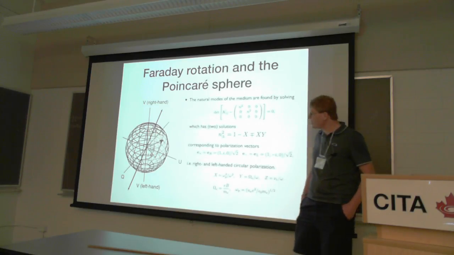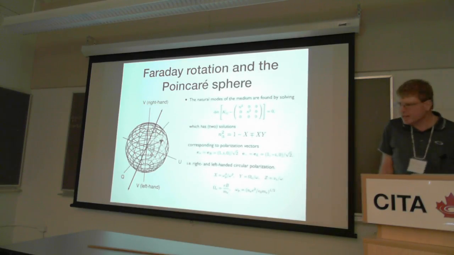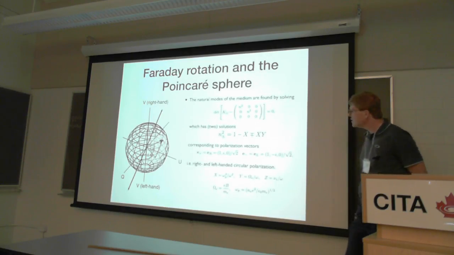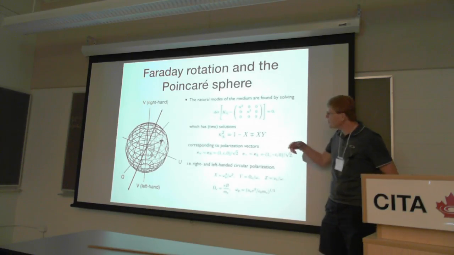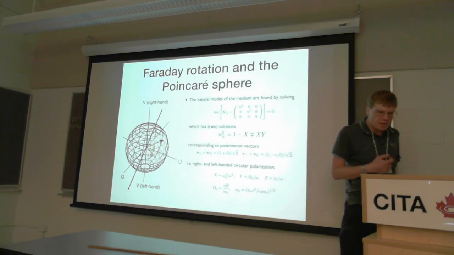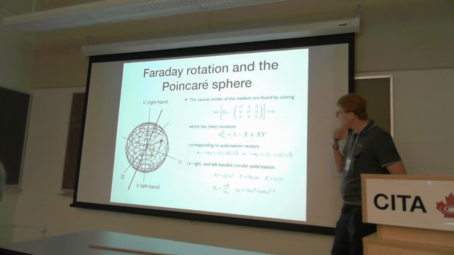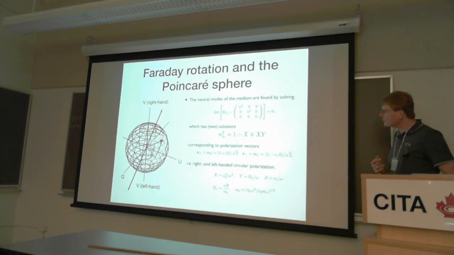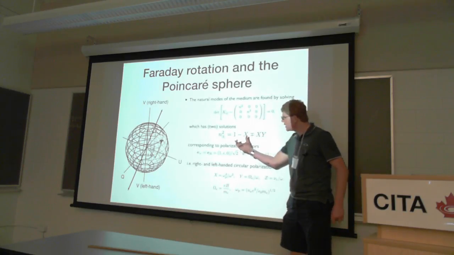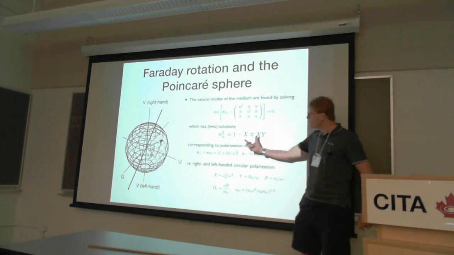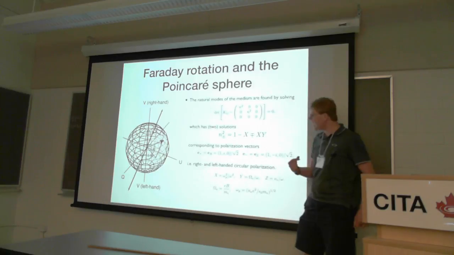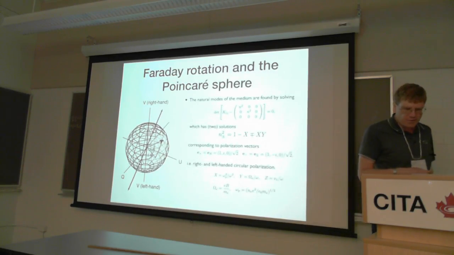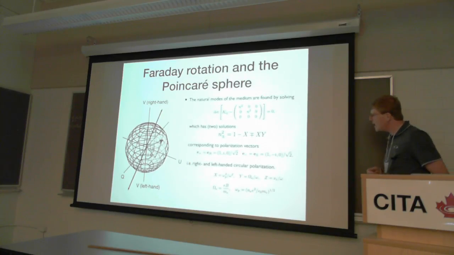So how does this happen in the interstellar medium? Well, in a cold plasma, which is what we assume the interstellar medium to be, to a very good approximation, you have two natural modes, and they correspond to right and left-hand circular polarization. Barney was talking about the refractive index of the plasma just earlier in this session, concentrating on this 1 minus x term, where x is the ratio of the square of the plasma frequency to the angular frequency of the radiation.